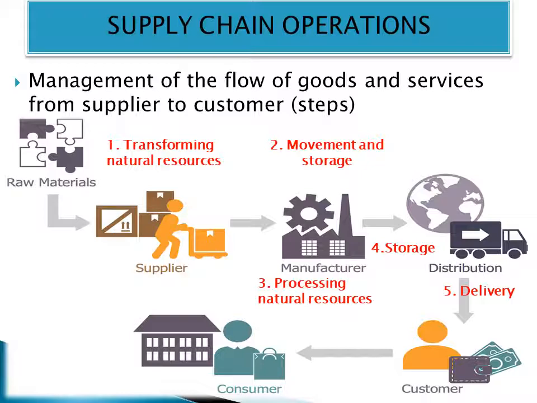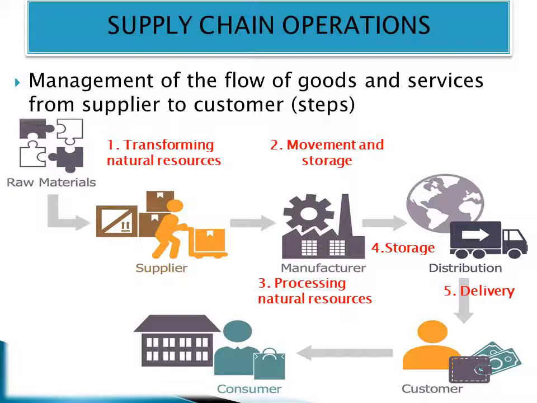Once those are also transformed, you also need storage and movement, right? So storage facilities, as we said, which is handled by logistics, we need movement of that storage. We need storage facilities, as we said, warehousing. We also need the processing of those materials, which is where the product is made, and then after that product is made and stored, we need delivery of that product to the consumer.